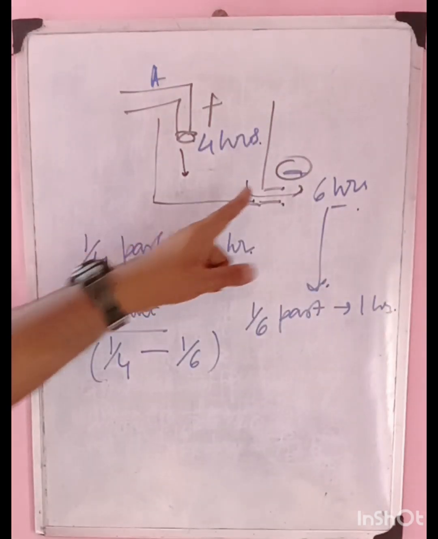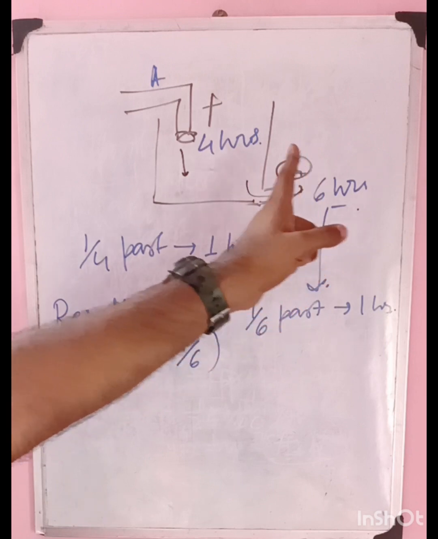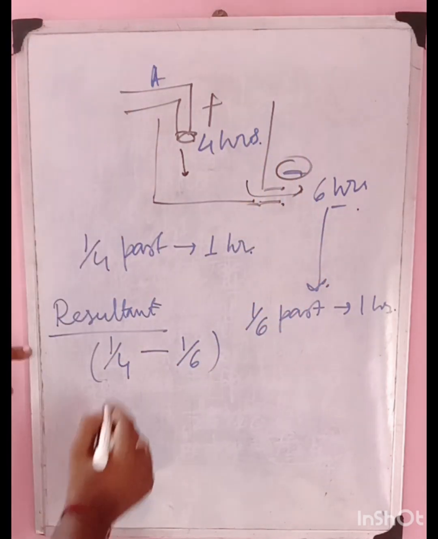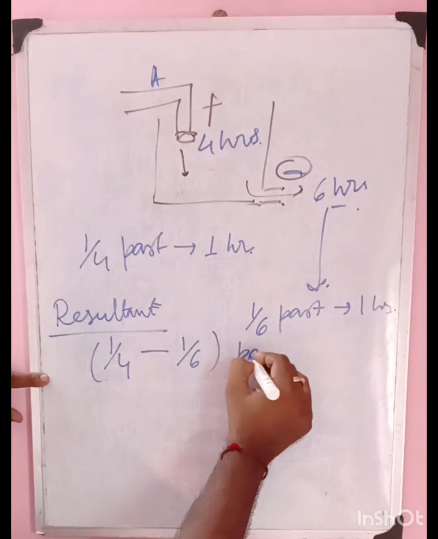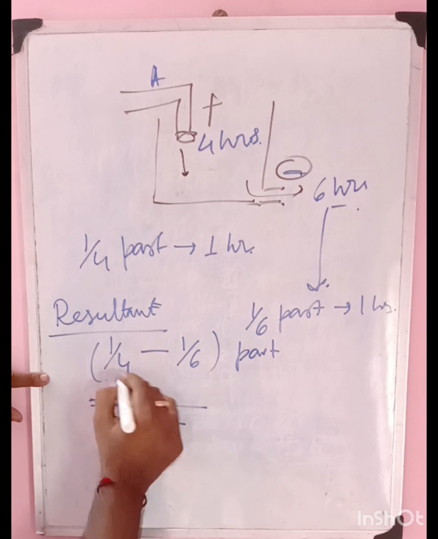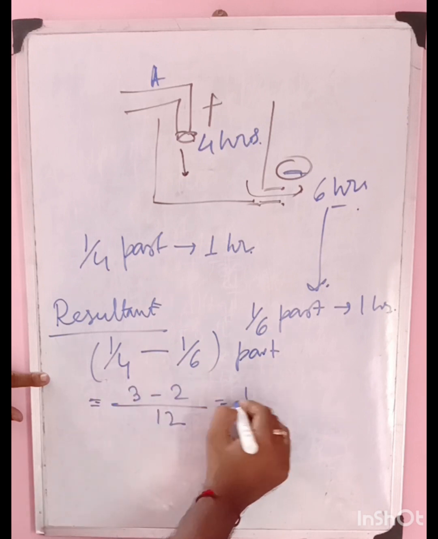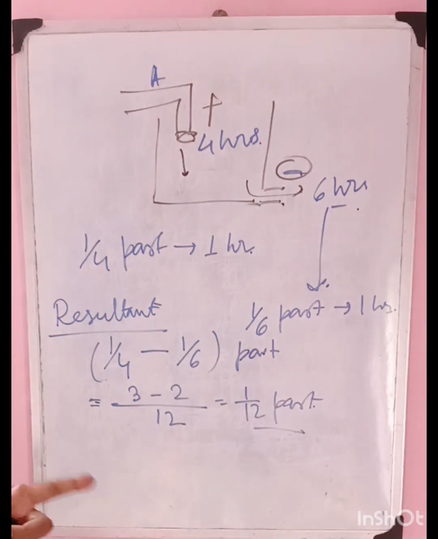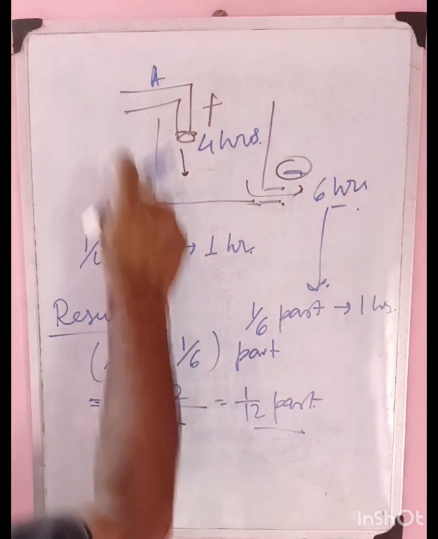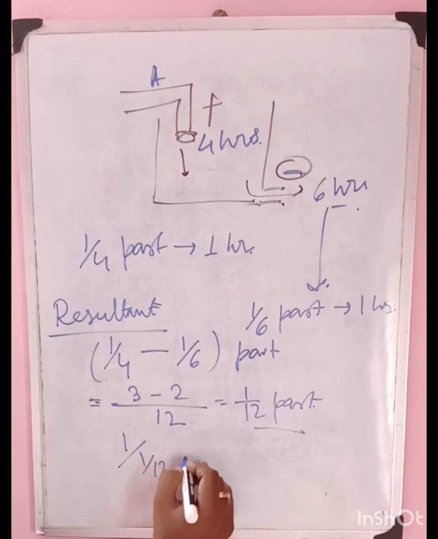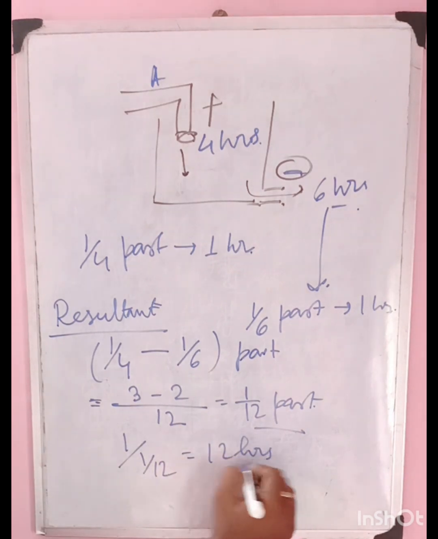This draining out is minus and pouring in is plus. So 1 by 4 minus 1 by 6 part. Okay. LCM is 12. 3 minus 2, 1 by 12 part. So now you can conclude that it will be filled in 1 by 1 by 12, that is 12 hours.